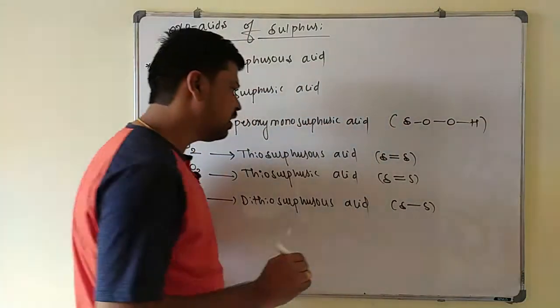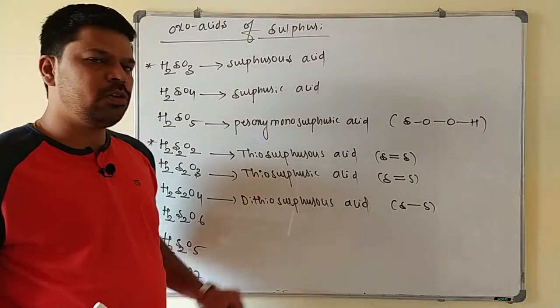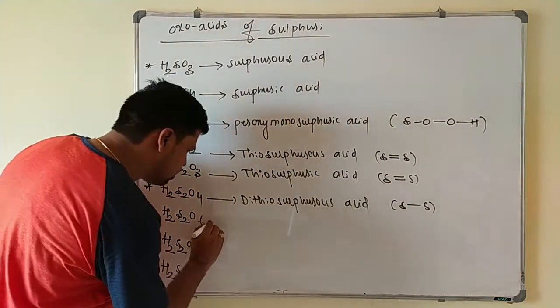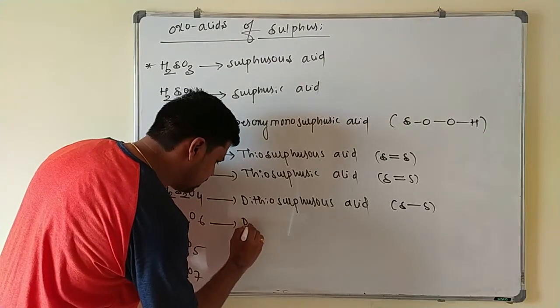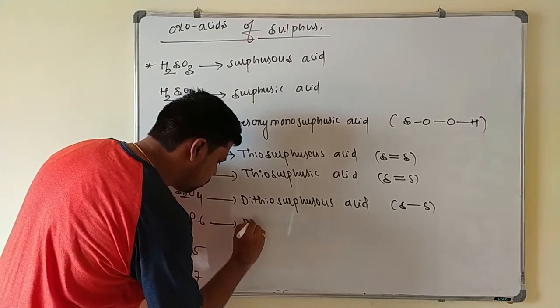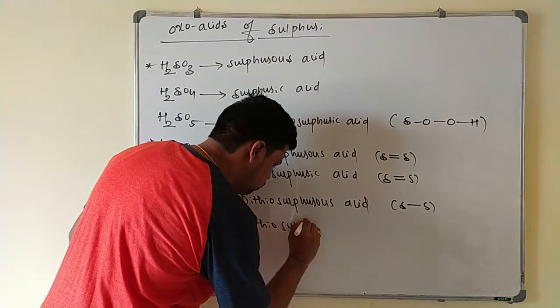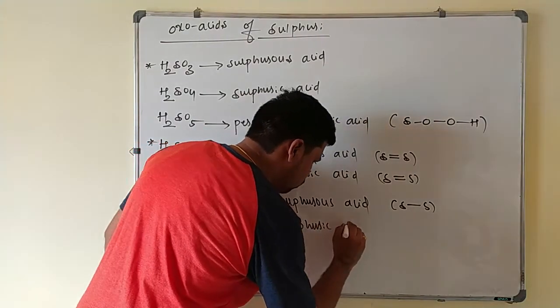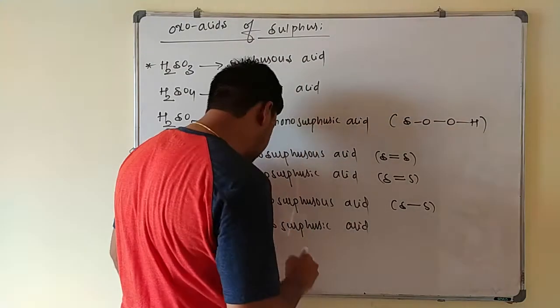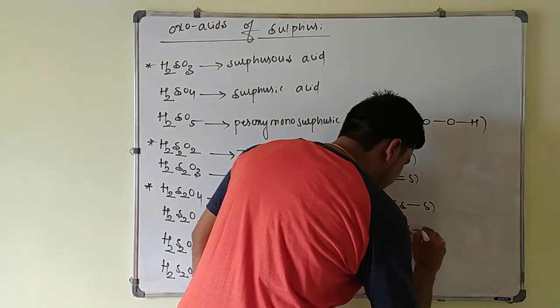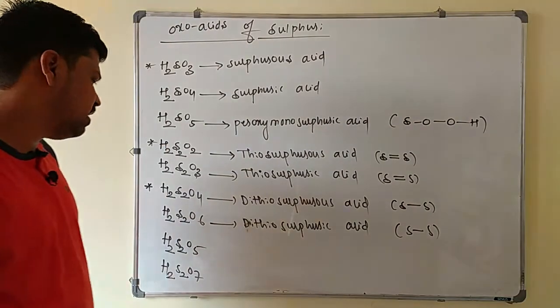S-S single bond is dithio, S=S double bond is thio. So this is dithiosulfuric acid, and it is higher oxidation state. Again it contains an S-S single bond.